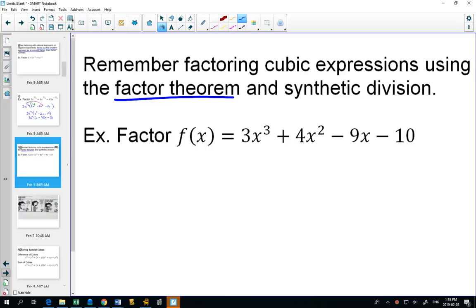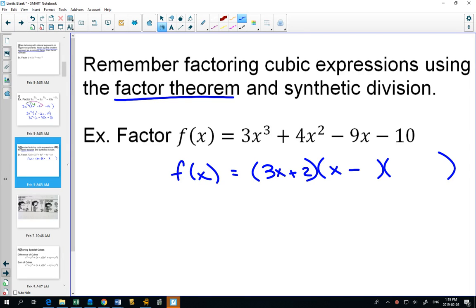I don't know what the factors of this are, but let's say this factors nicely to being, okay, I'm going to make up numbers that don't work here. Maybe they work, maybe they don't. I'm just making up stuff. This isn't the right answer. There's a chance that it's the right answer, in which case I would be very, very lucky.